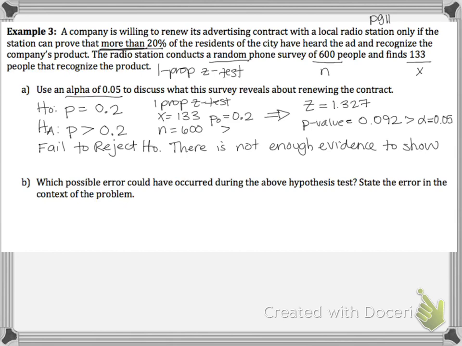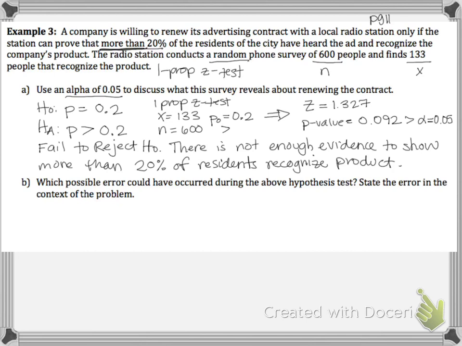So there is not enough evidence to show more than 20% of residents recognize the product. Okay, so unfortunately, this ad did not go as planned.